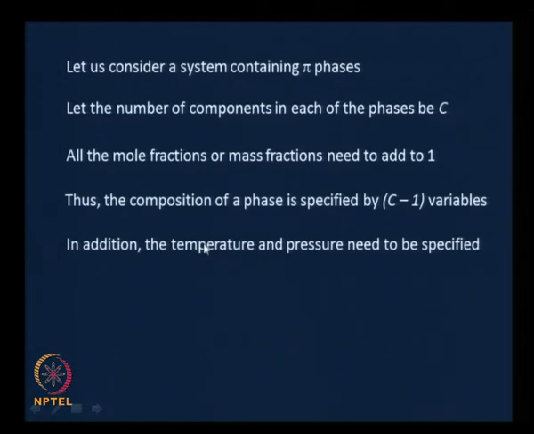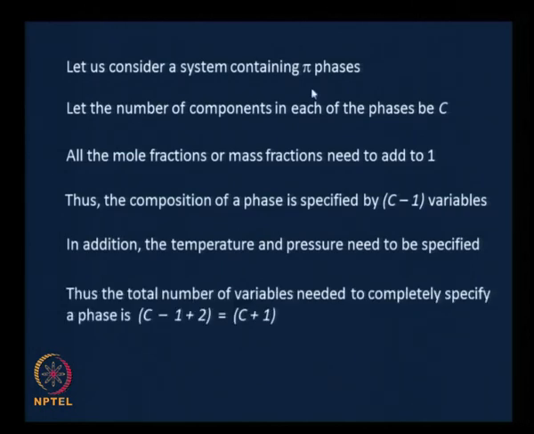In addition, the temperature and pressure need to be specified, because they are conditions of equilibrium. Equality of temperature and equality of pressure across phases are conditions that need to be satisfied for equilibrium, and therefore, the total number of variables that are needed to completely specify a phase is C minus 1 plus 2, that equals C plus 1. That is C minus 1 variables of composition we saw, plus 2 variables temperature and pressure.